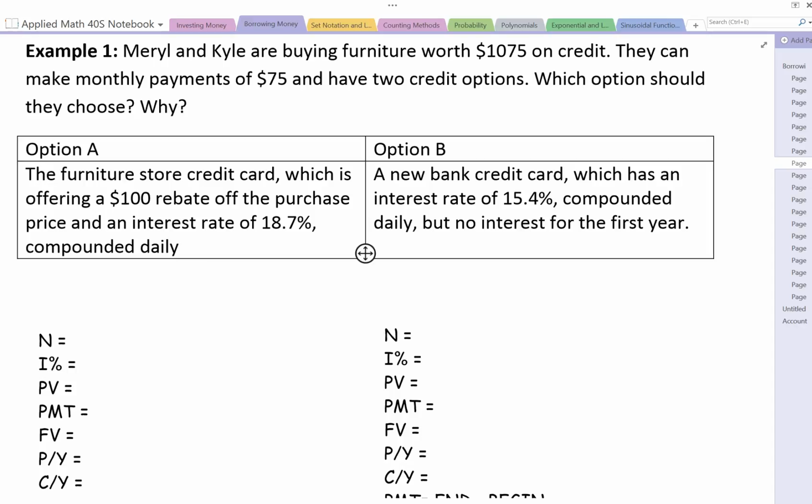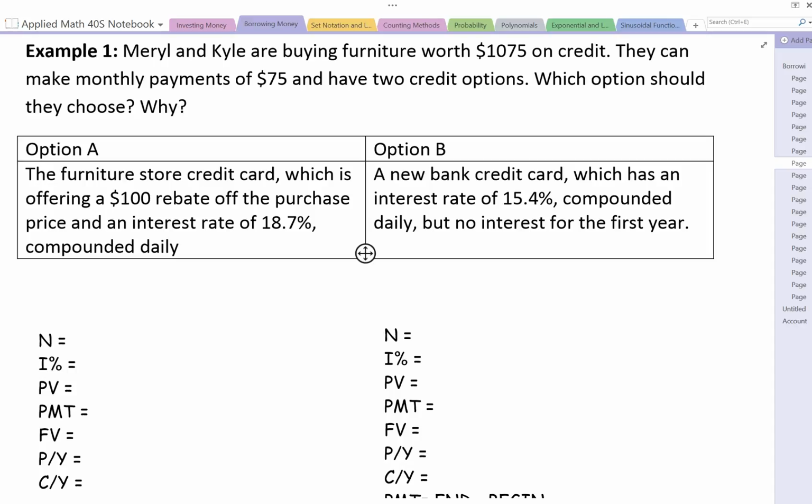Okay. So for option A, it says the furniture store credit card, which is offering a $100 rebate off the purchase price and an interest rate of 18.7% compound daily. So similarly to what we did when we were dealing with mortgages, you have to get the rebate off first.